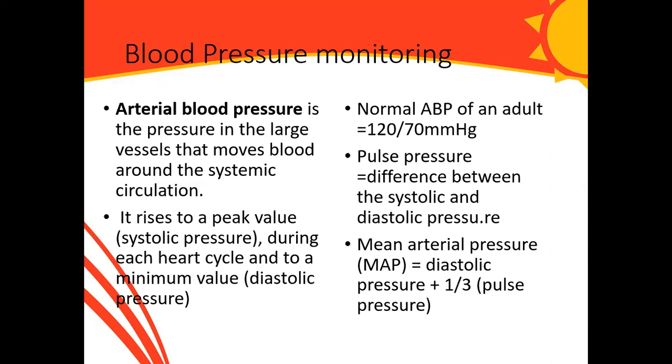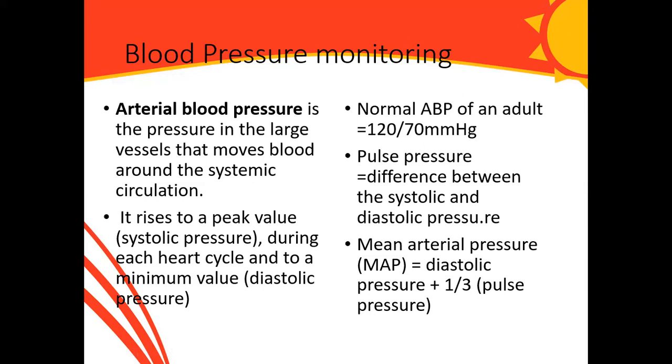One thing I always like to ask people is what is pulse pressure, which is the difference between systolic and diastolic pressure, which can actually give us a lot of information about the hemodynamic status of the patient. Another very important component of blood pressure measurement is the mean arterial pressure, which is the perfusion pressure for the organs.